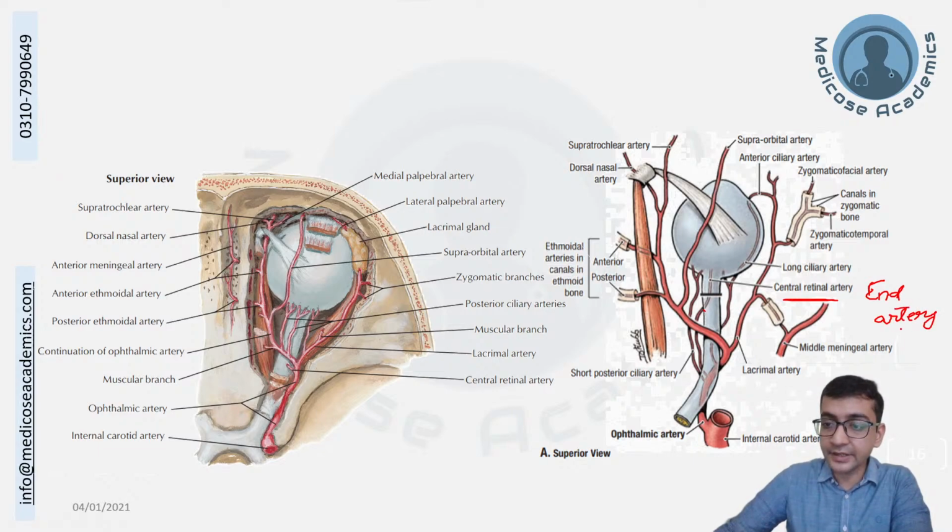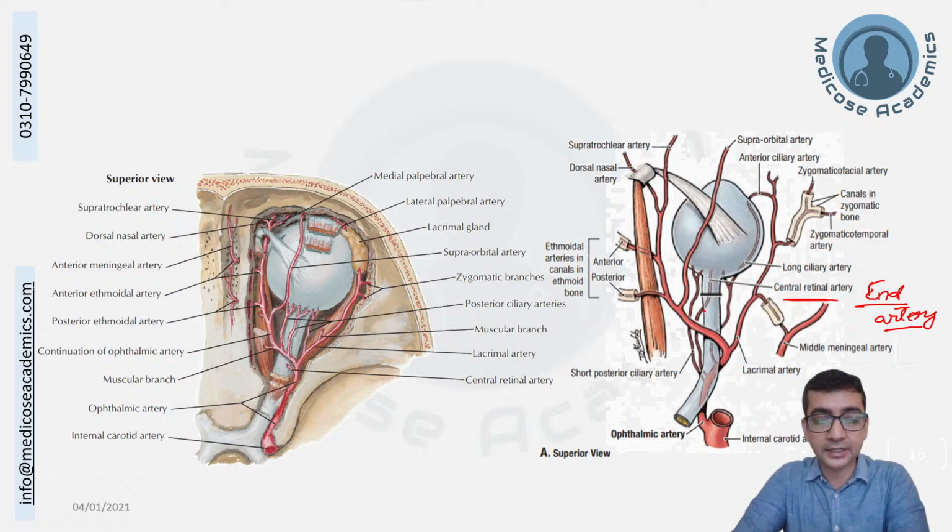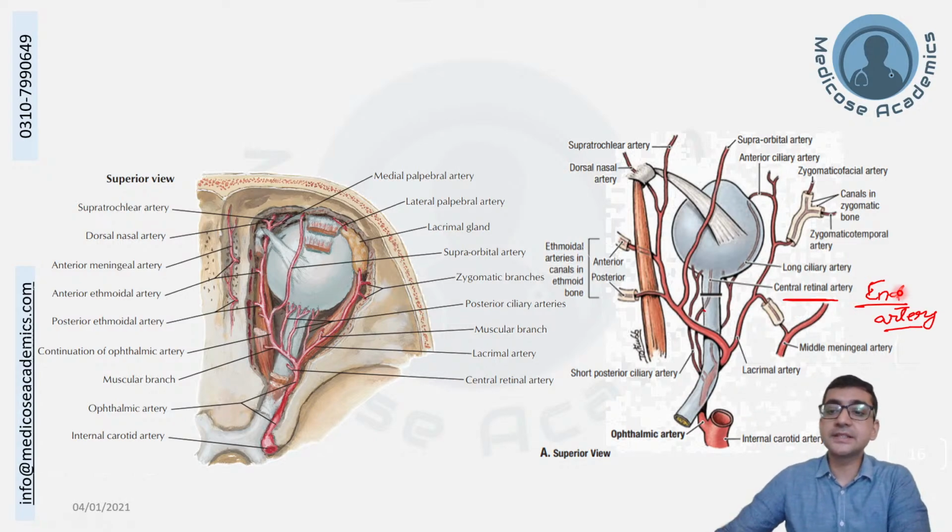It does not have any connection to the other arteries that are going to the eyeball. So if that occludes, you are done. The retina stops functioning, it goes under ischemia, and blindness follows. So this is the end artery, the central retinal artery.